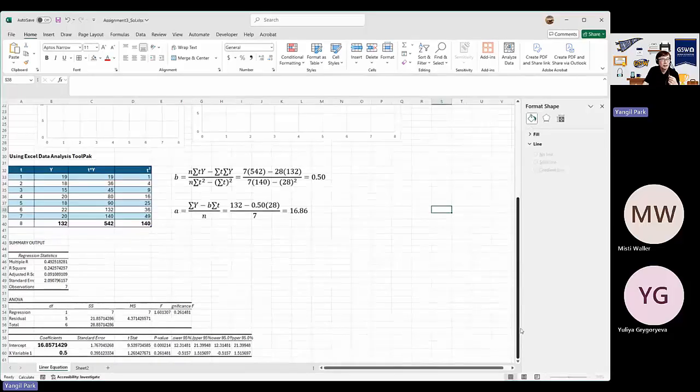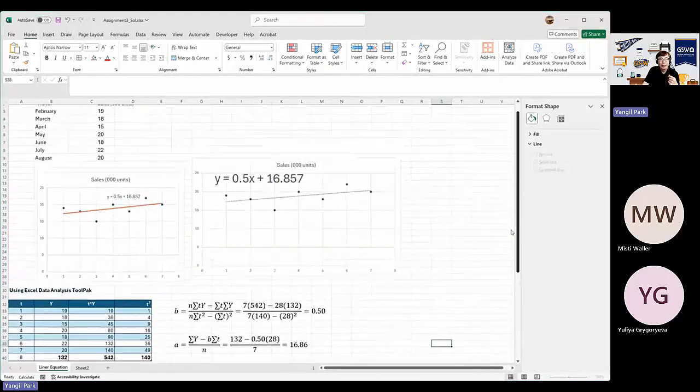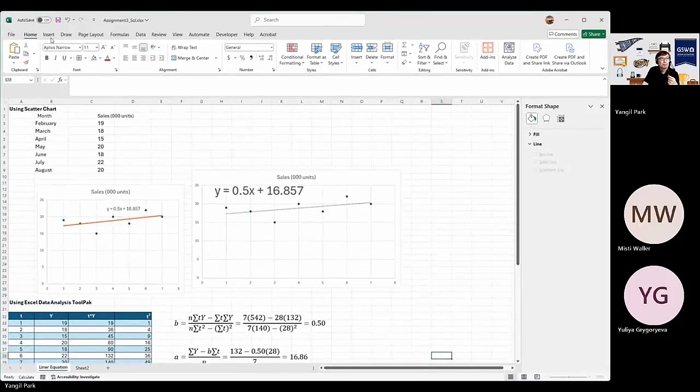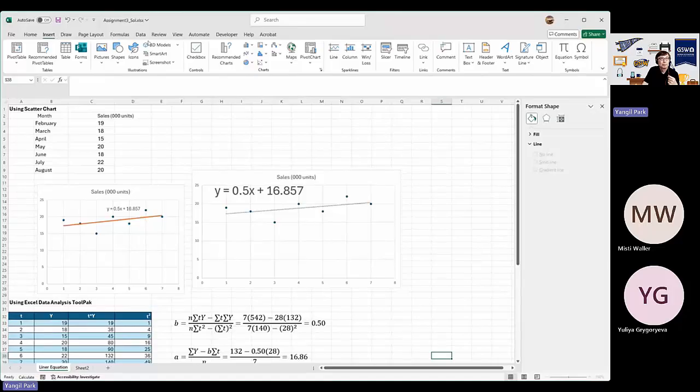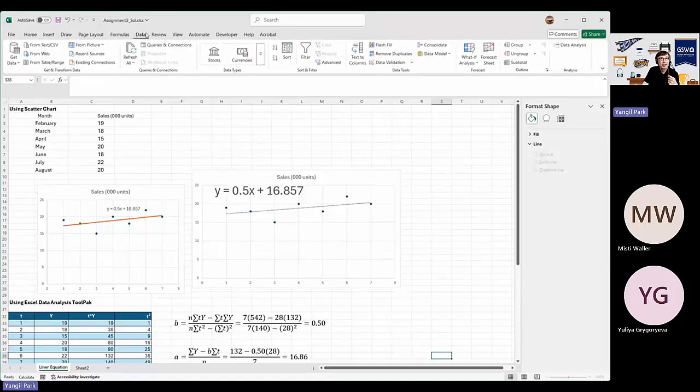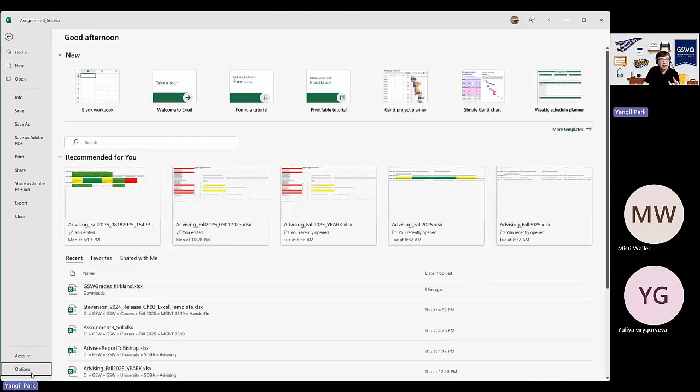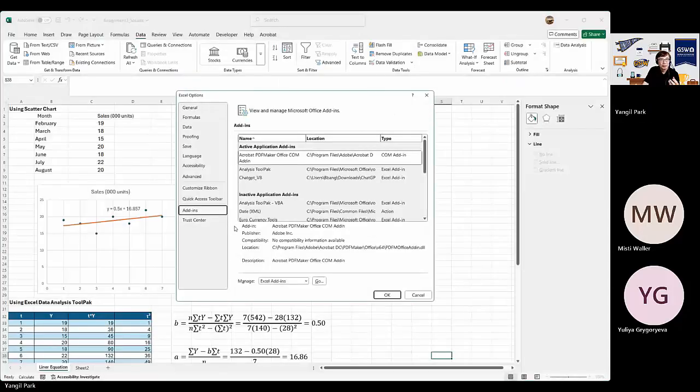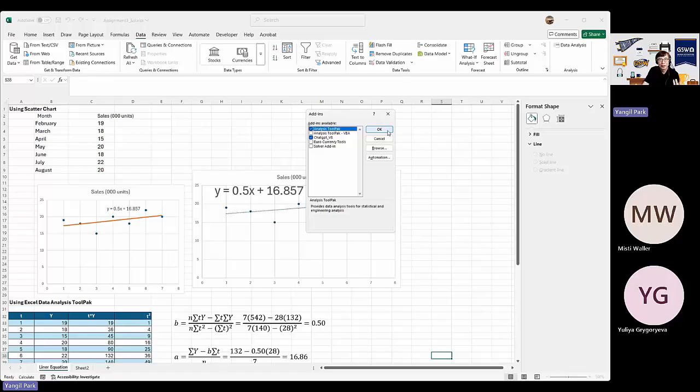Then in terms of the ToolPak, that's under the Data tab, Data Analysis. You need to insert add-ins: from File, Options, Add-ins, right here in Manage, then click OK, then click OK again.